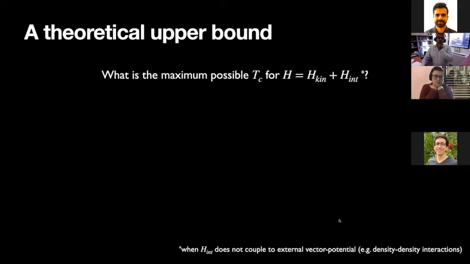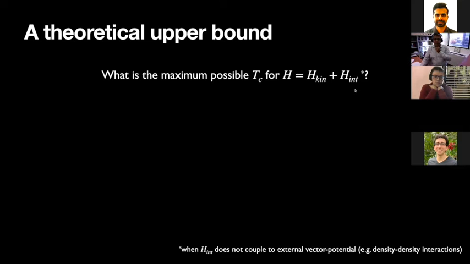The reason why we are interested in this question is, suppose we have some generic Hamiltonian, which I can decompose as all of the electronic bands. This can be multi-orbital, complex. And I have some interactions.